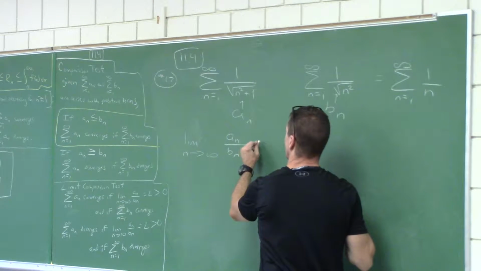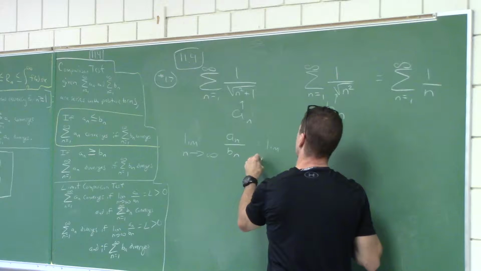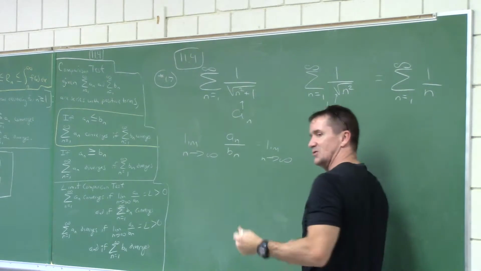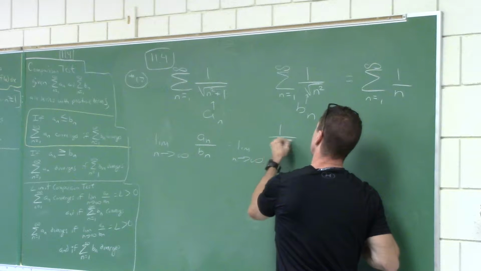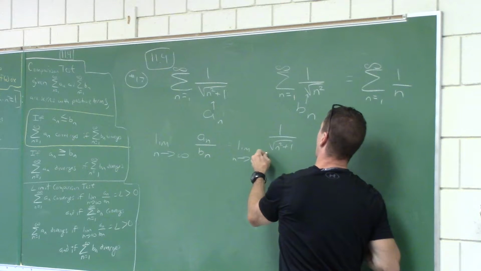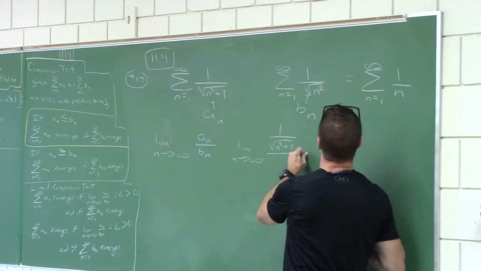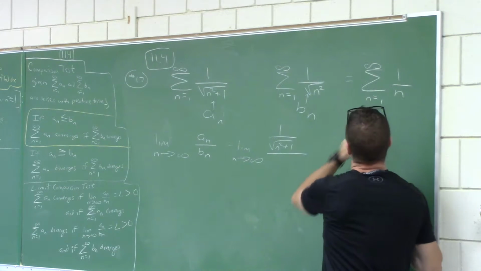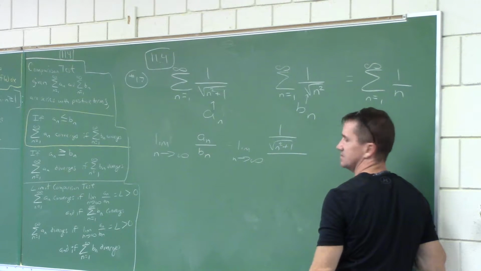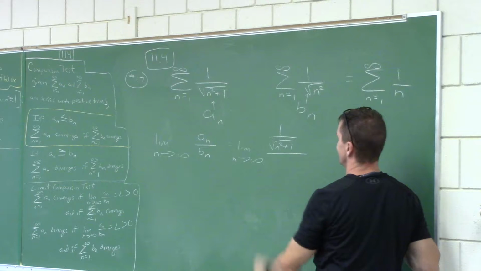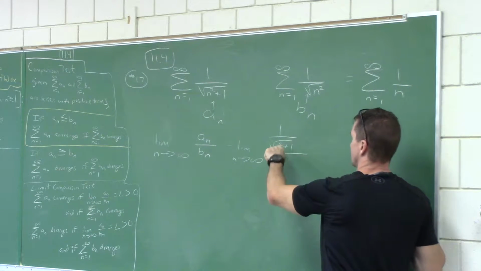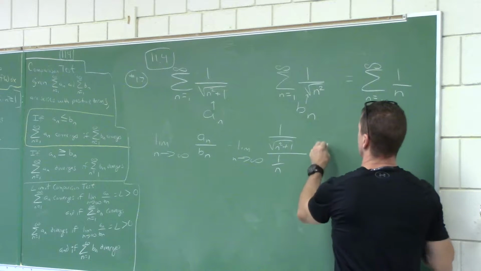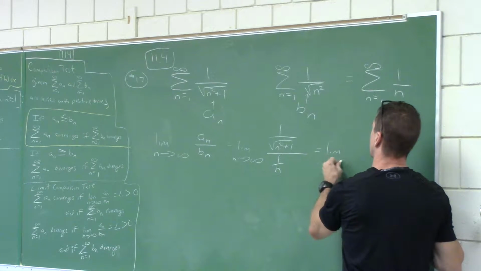Well, what's the limit as n approaches infinity of this? It should be easy because you get these radicals. 1 over the square root of n squared plus 1, all over, you want to use that one or that one? I don't care. How do you deal with that? That's a complex fraction. What can I write that as? That's 1 over n.